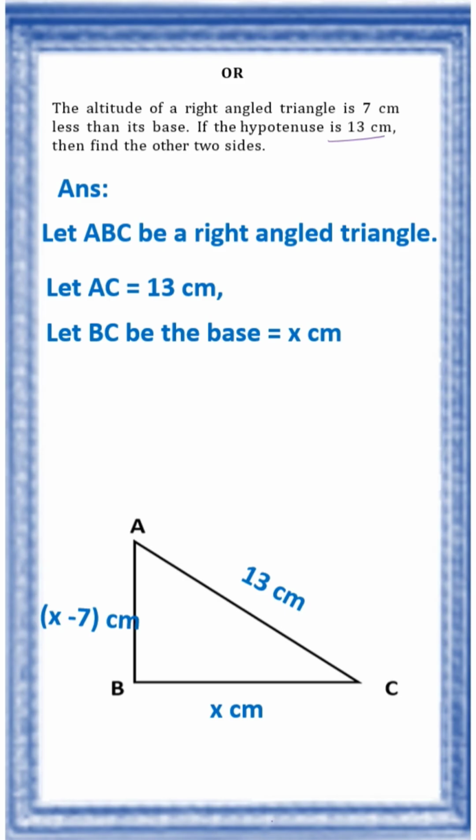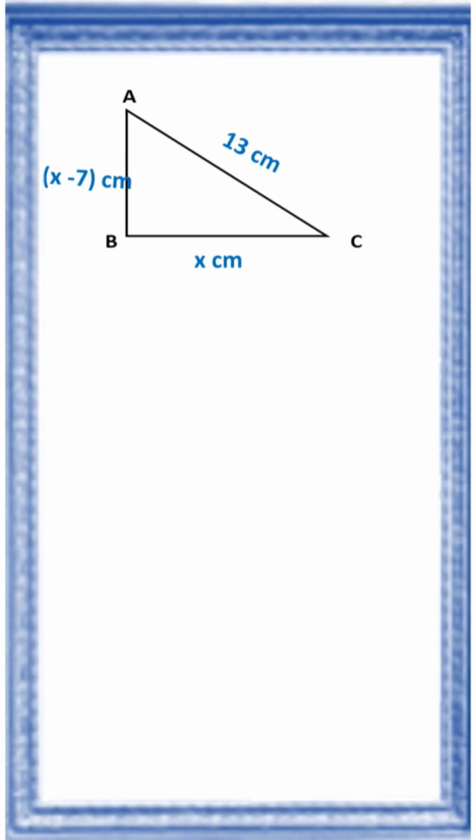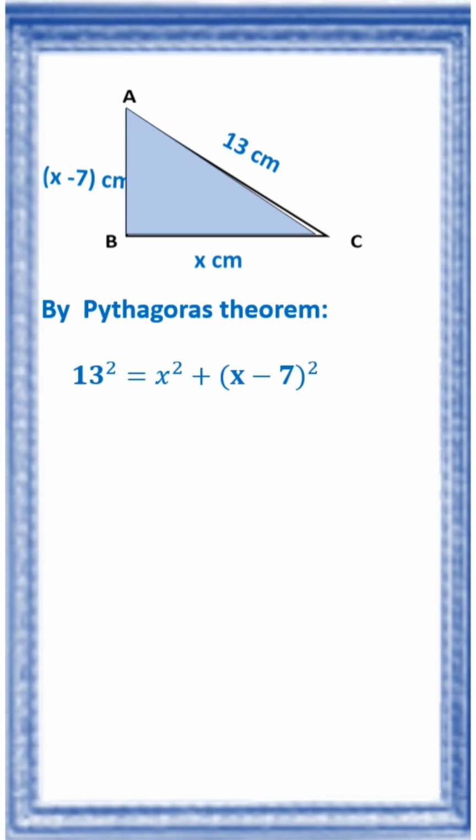This is x centimeter and AB is the altitude, x minus 7 centimeter. Now by Pythagoras theorem, what do you have? AC square is equal to BC square plus AB square. So 13 square is equal to x square plus x minus 7 the whole square.